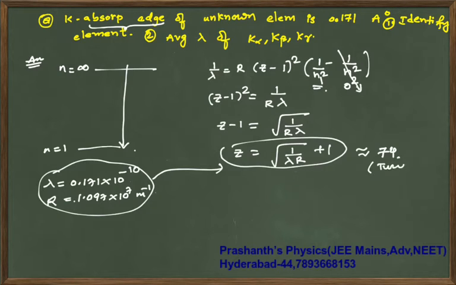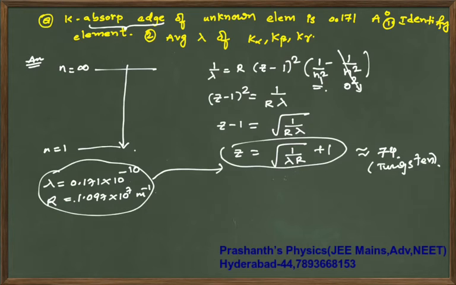So that is tungsten. We need to use a calculator, but don't worry, in the exam the numbers will be perfect. They will give you at least the 1 by lambda value, so they will try to make the calculation easy. You don't need to worry.